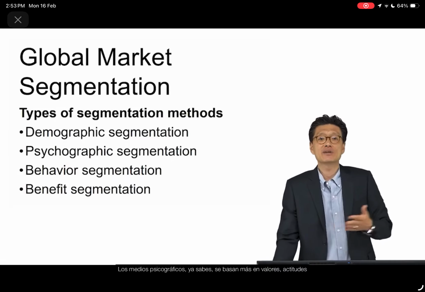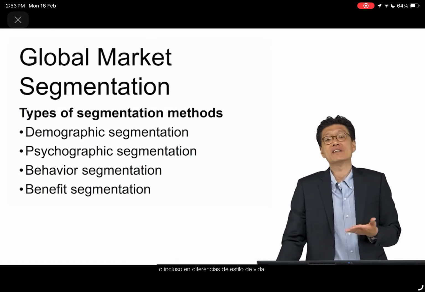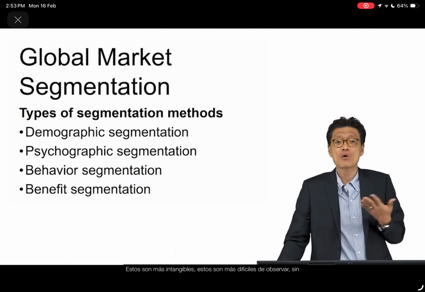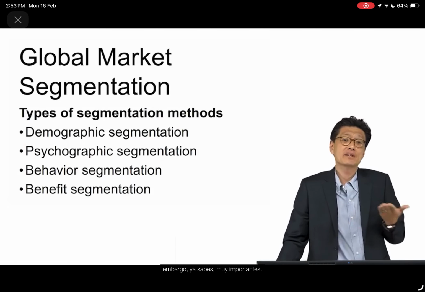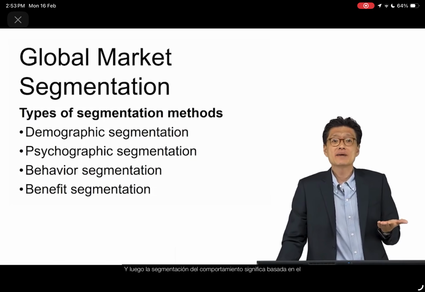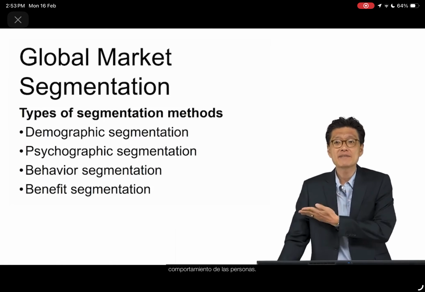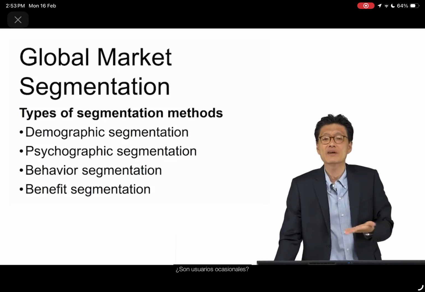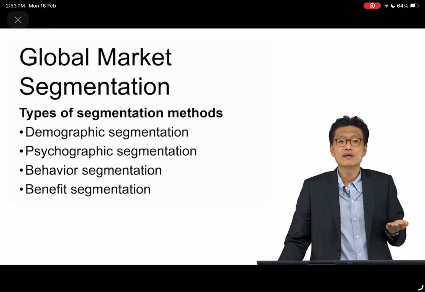Psychographic means, these are more based on values, attitudes, or even lifestyle differences. These are more intangible. These are more difficult to observe. Nonetheless, very important. And then behavior segmentation means based on people's behavior. Are they occasional users? Are they frequent users? Are they light users? Are they heavy users? And so forth.